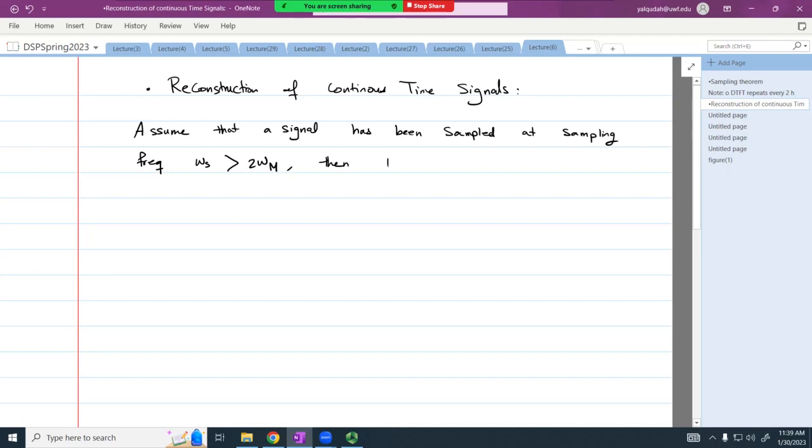Then the original signal can be recovered from these samples by using the signal reconstruction.